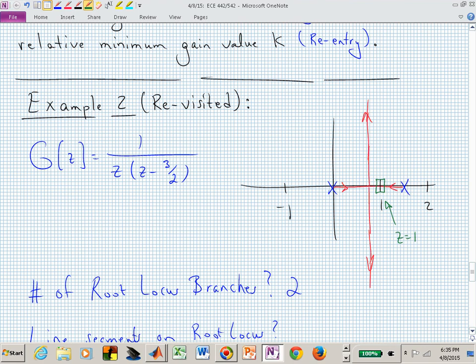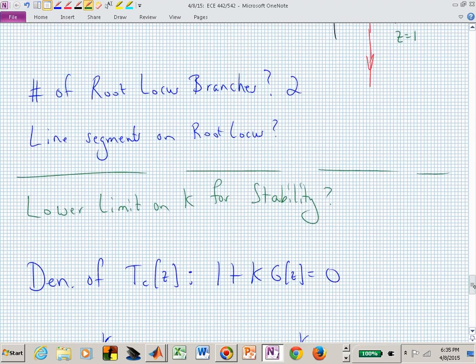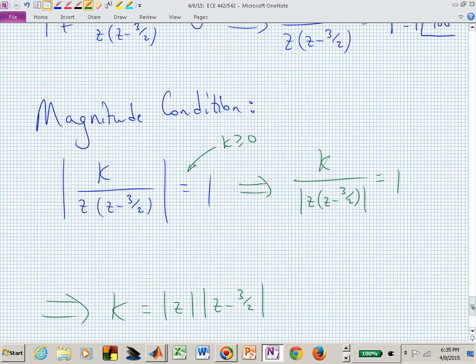Is that clear? But in general, if you have more poles than zeros, the one from the right may approach more slowly than the one on the left, or vice versa. You don't know necessarily. You can determine. But now let's determine what are the closed loop poles when k is equal to 1/2.